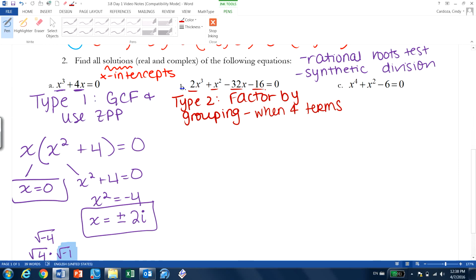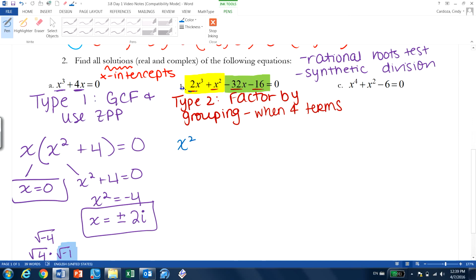Okay? So what happens is you group. So I'm going to group these first 2 together, and I'm going to group the second 2 together. So I'm going to take a GCF out of my yellow group. I'm going to take out what they have in common, which is x squared.